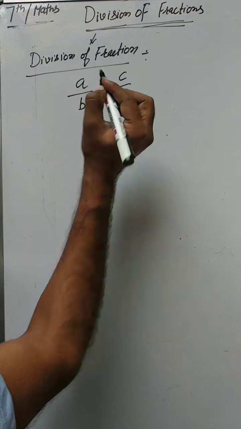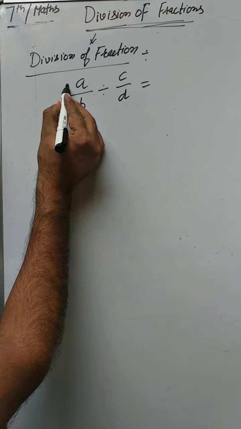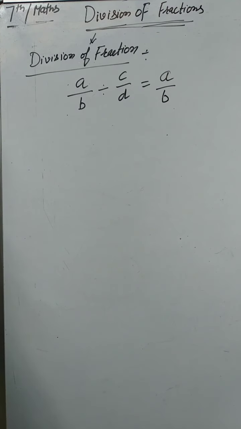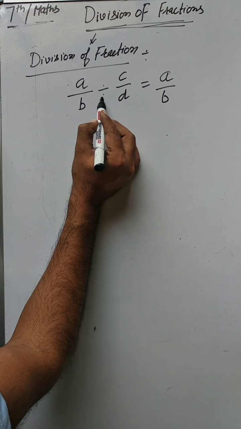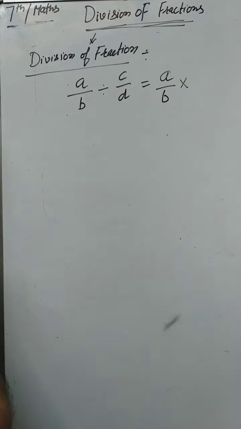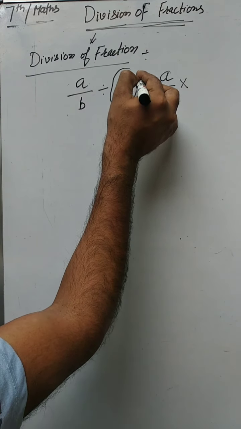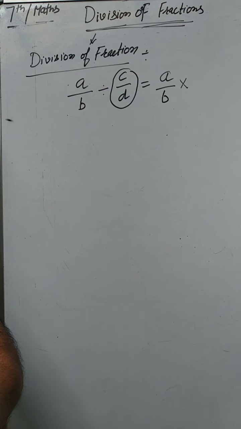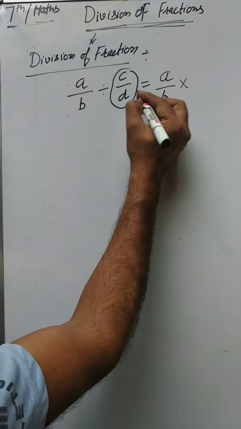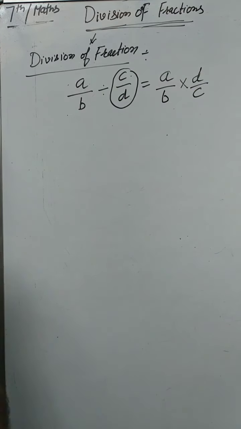Means here is the sign of division. Then simply beta, keep the first fraction as it is, A upon B, and change this sign of division into multiply, and the second fraction will become its reciprocal. Here it is C upon D, here it will become D upon C.